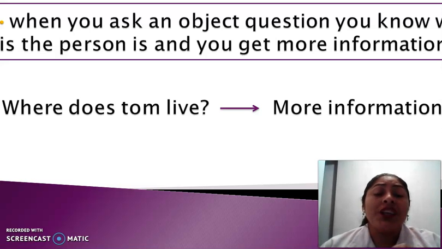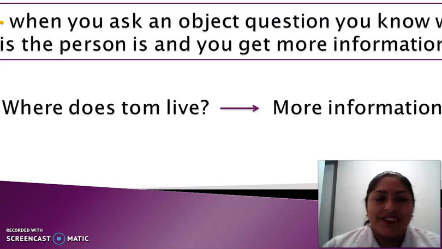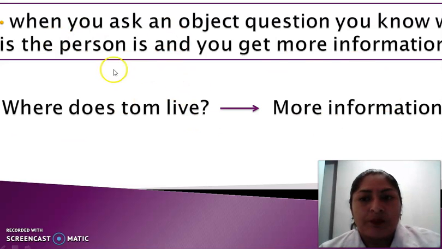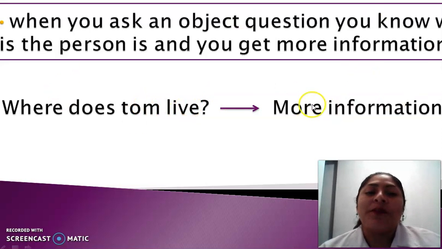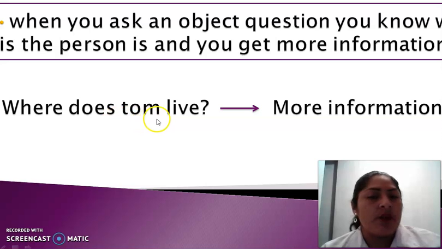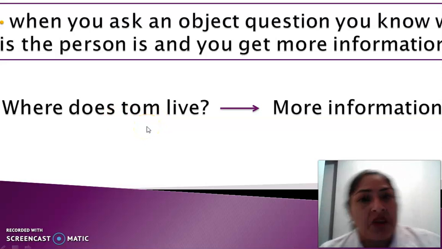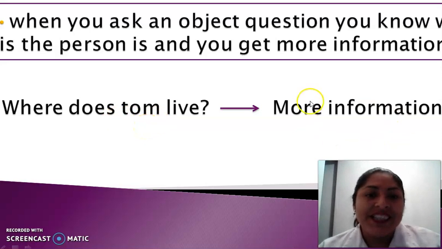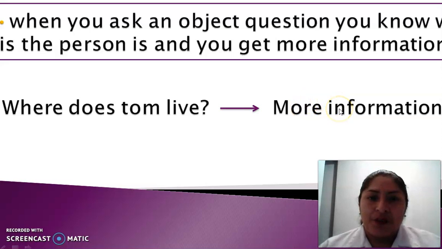Okay? You need more information. Okay? For example, where does Tom live? So you need extra information. Okay? So you want to know where does Tom live? Maybe Miraflores, maybe Comas, all right? So you need extra information.